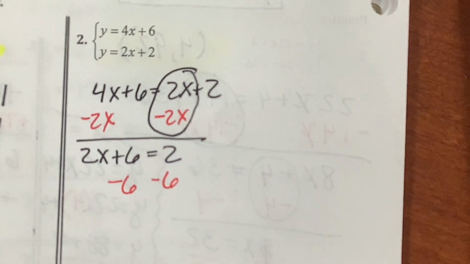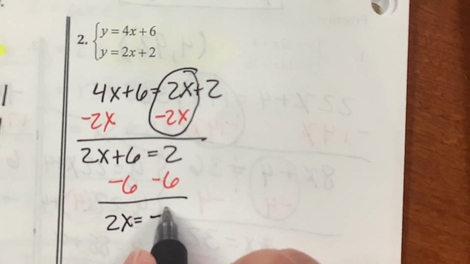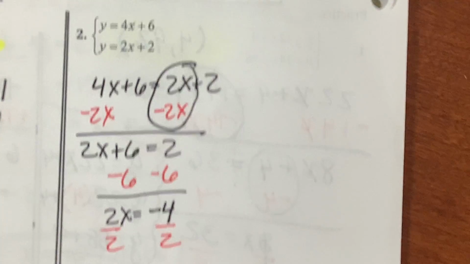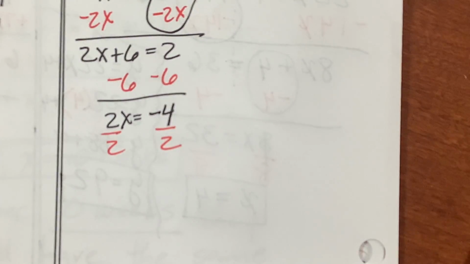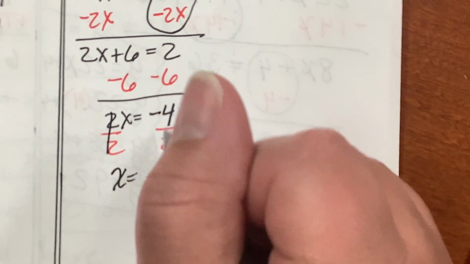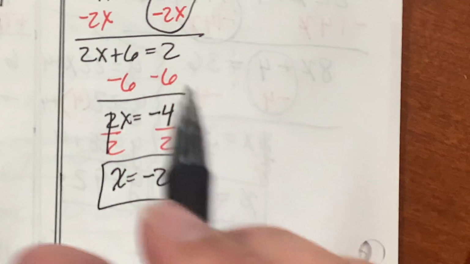And look at that. I get 2x equals -4. Ah, that's good. Divide by 2, divide by 2. x equals 2 divided by 2 is 1. x equals -4 divided by 2 is -2. So far, we're on a good track.